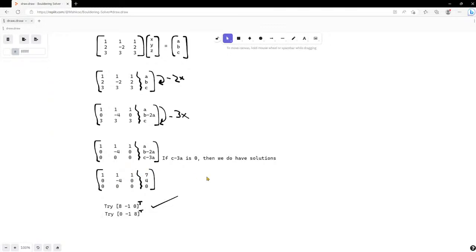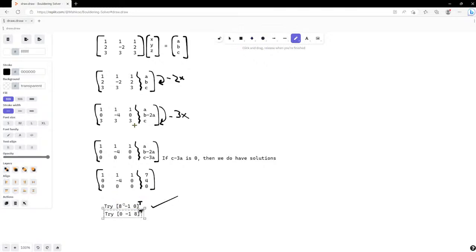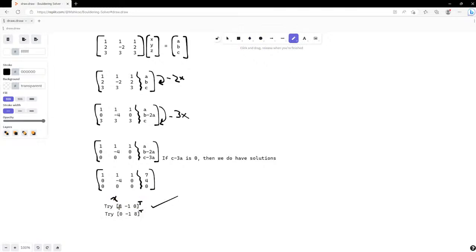will have the form, so let's call this x and let's call this y.